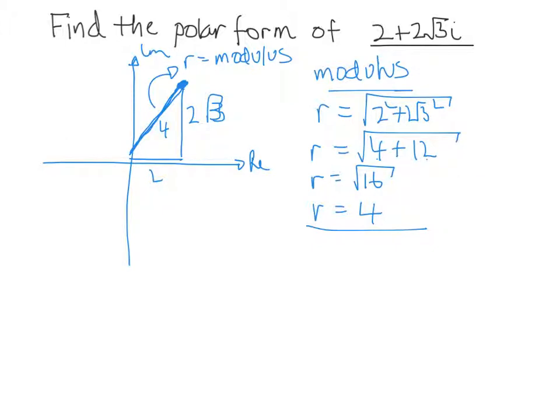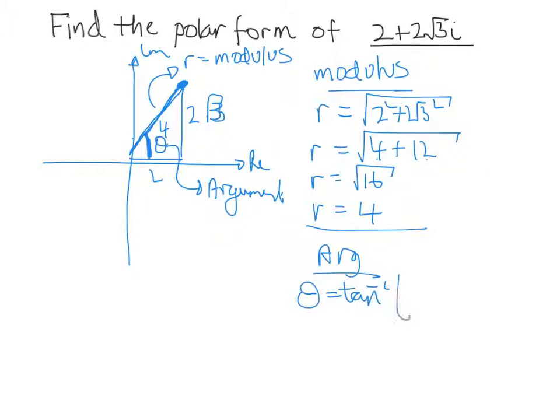Now, the angle between the positive real axis and our line is often called the argument. Now, if we have to figure out the argument, we can say, alright, well, theta will be equal to inverse tan of 2 root 3 over 2.